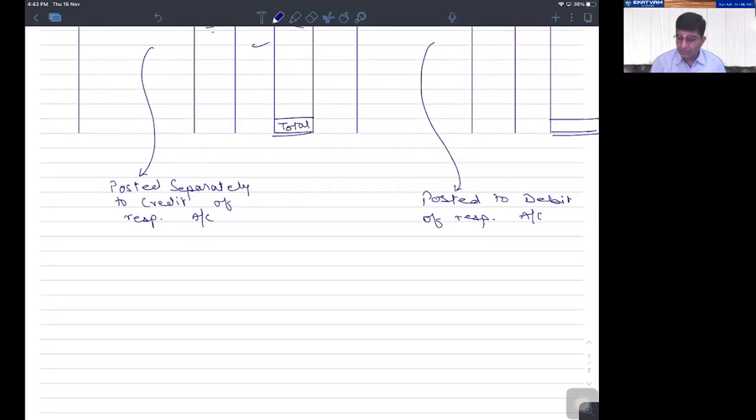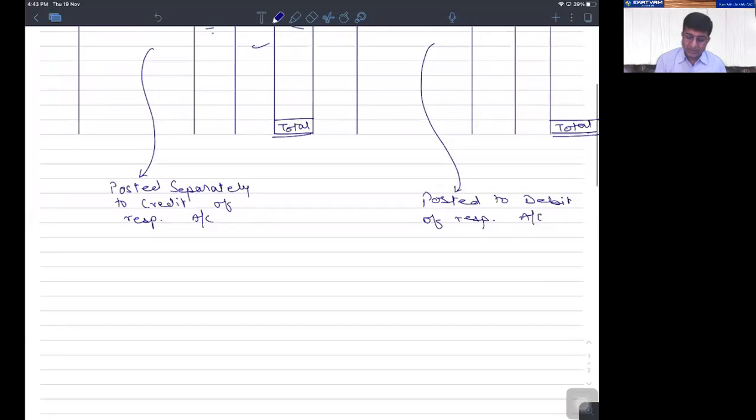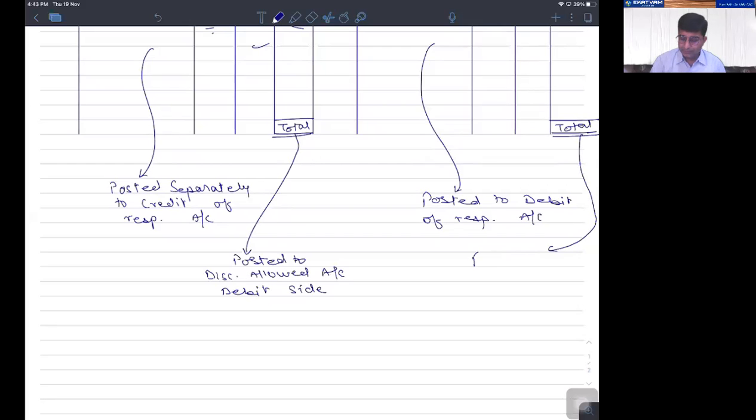You take the total of discount column onto the debit side, you take the total of the discount column onto the credit side, and these totals are then posted to discount allowed account for the debit side, and the discount column onto the credit side total is posted to credit of discount received account.